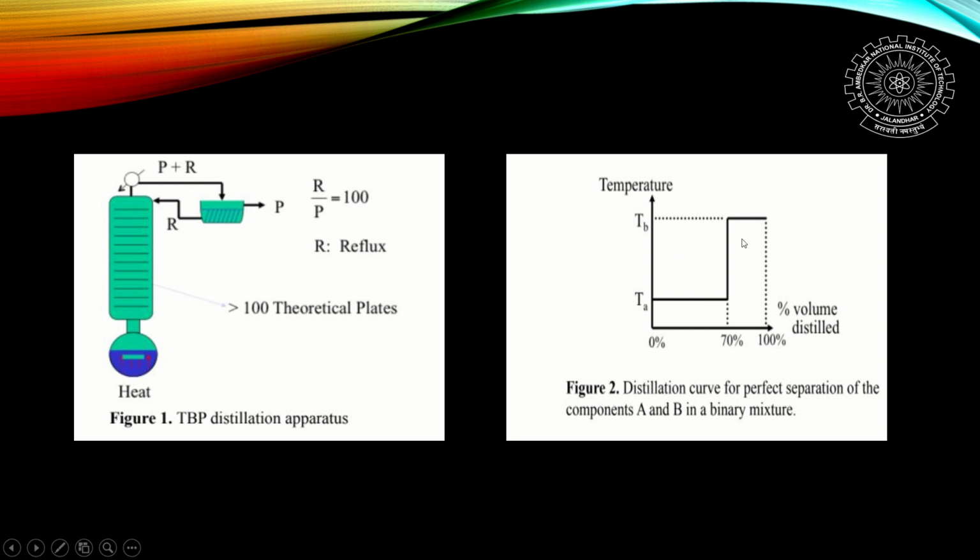And we know that the conditions of TBP were very high theoretical plates and a very high reflux ratio. That's why the temperature remains constant during the whole evaporation until all of A is boiled off. Till then the temperature is constant, similarly for B.